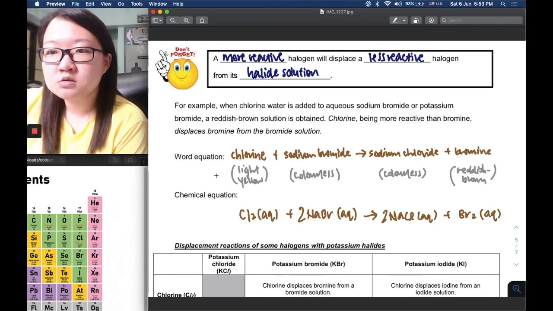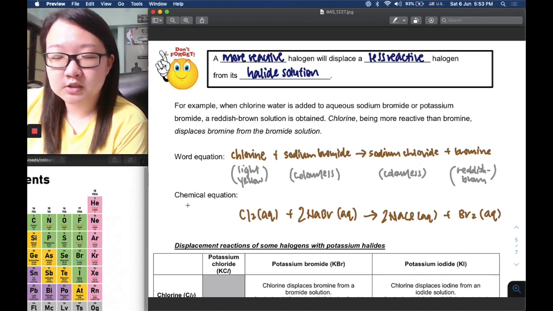All right. So you can also take this one step further to represent it in a chemical equation. We will have more practices on writing chemical equations as well as getting your chemical formulas right. But for the moment, you can still figure it out from the information that's given to you in this part.